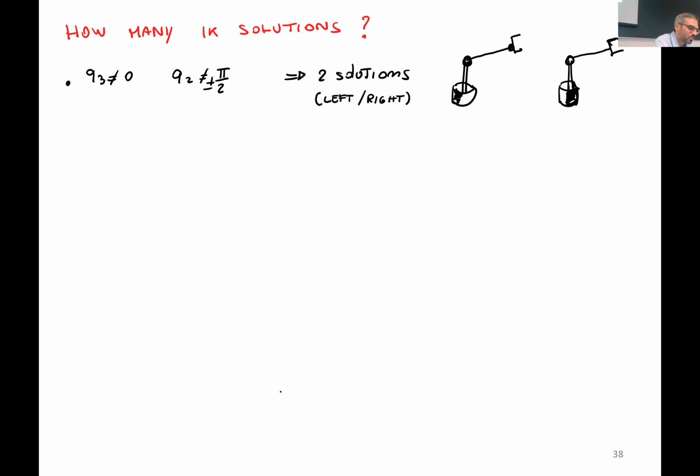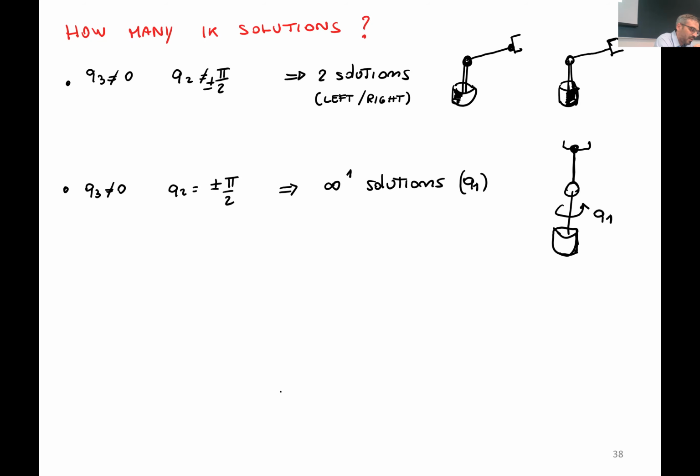We have the 2 regular solutions in case we are out of the singularity, whereas at the singularity, we have infinite solutions for the Q1 joint related to this end effector position. And the joint is vertical or completely folded here. This is the Q2 joint.